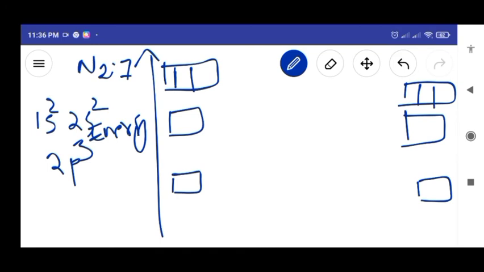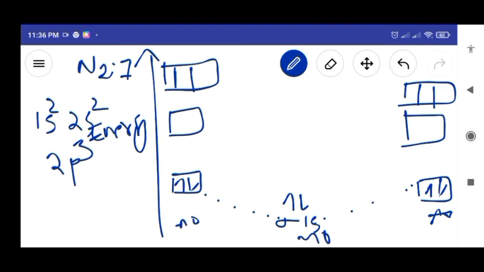So here are the atomic orbitals. I hope you know this one. The molecular orbitals are here. So sigma 1s. Here we know 2s2, so one electron from here, one electron from here, so two electrons are left. So in the antibonding, sigma star 1s2.